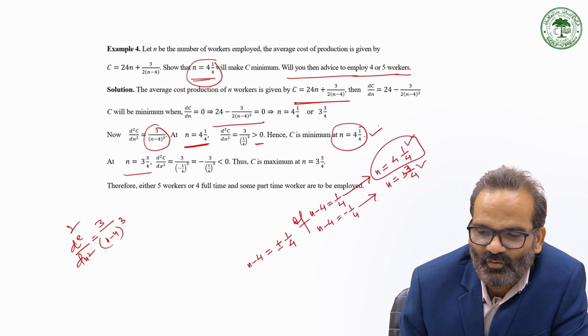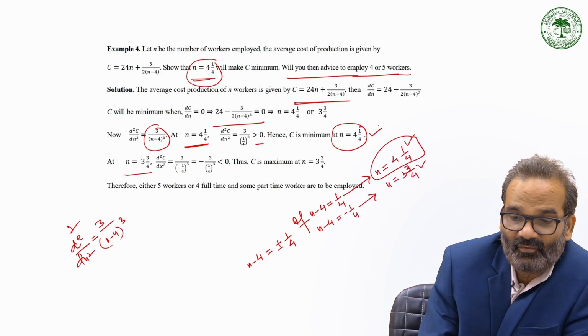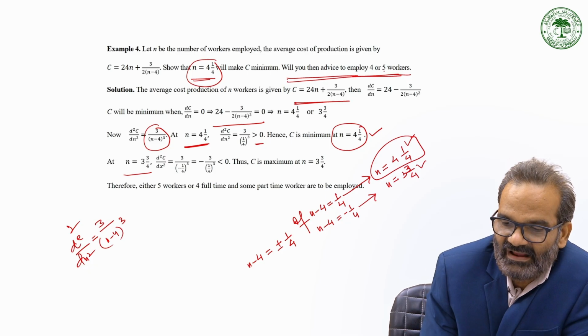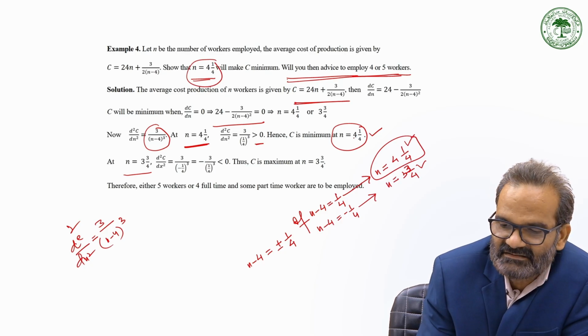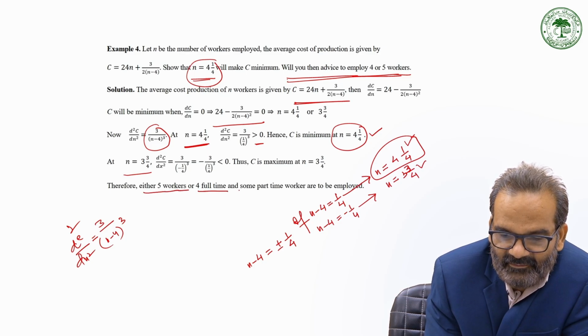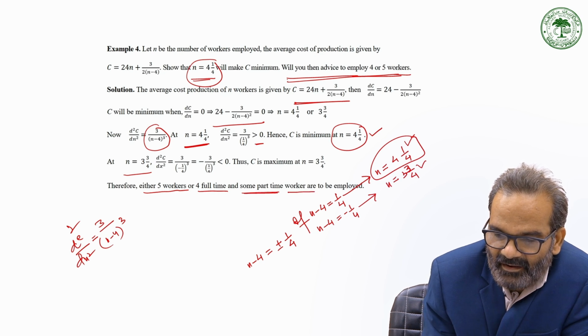Therefore, what is the requirement? 4 and 1 upon 4. Will you then advise to employ 4 or 5 workers? What we have concluded is that for this value of n, the cost is minimum. This means either 5 workers or 4 full-time and 1 part-time worker are to be employed.